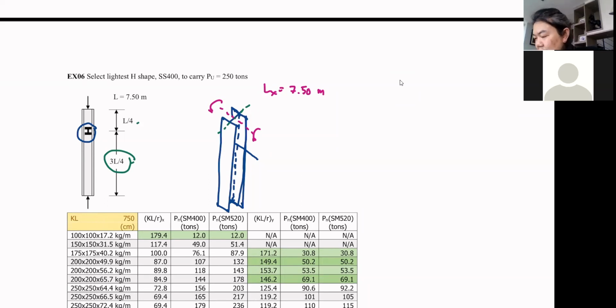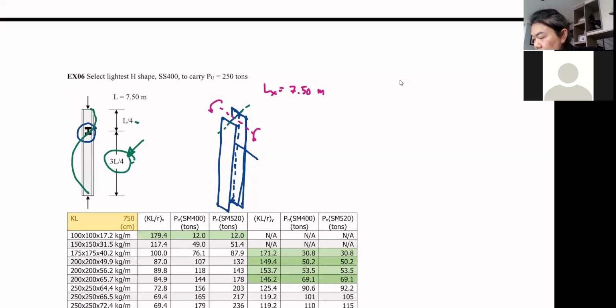So that's the case. And now, when we consider the unbraced length in Y direction, this is longer. So if it is going to buckle in Y direction, it is going to buckle here first before it's going to buckle at the L/4, right?